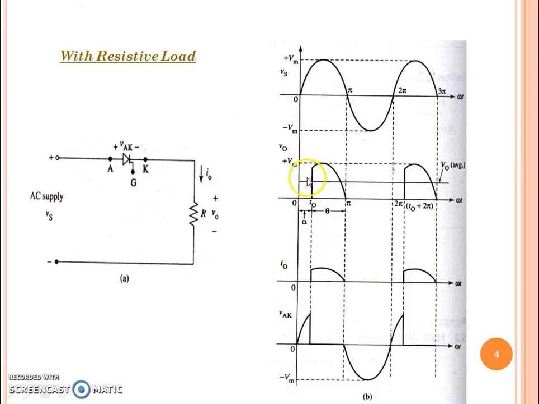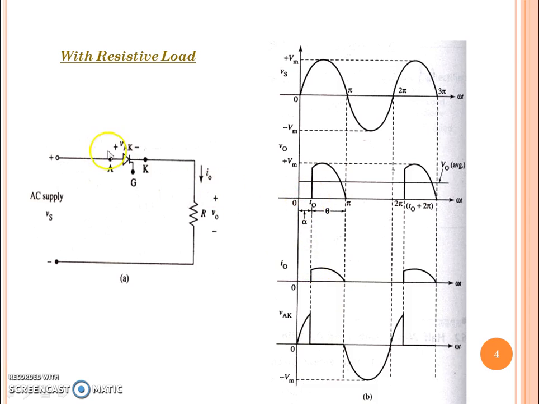Now we can look into this output voltage waveform. Here T0 is mentioned. It represents that from 0 degrees up to this point, we have a denotation alpha, that is the firing angle. Up to that point the thyristor doesn't conduct, so the output voltage is 0.